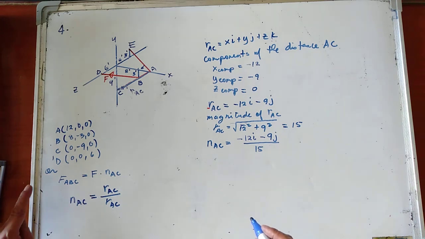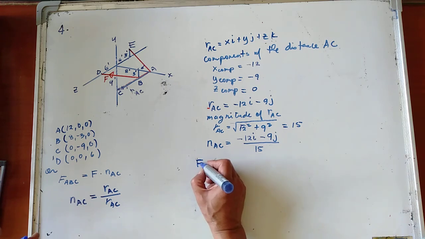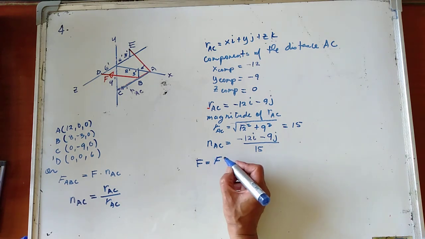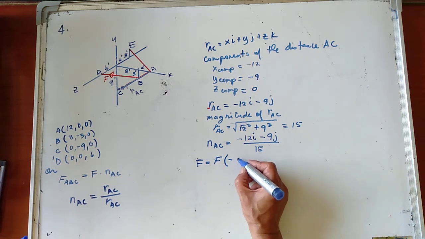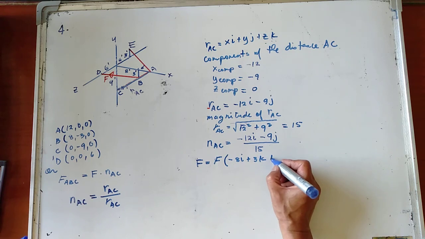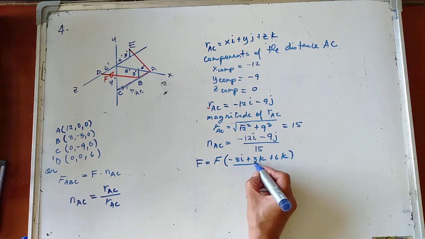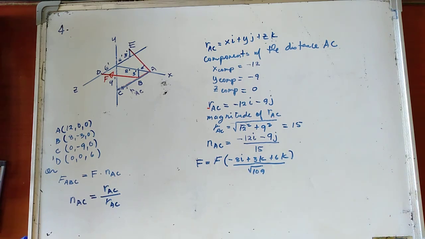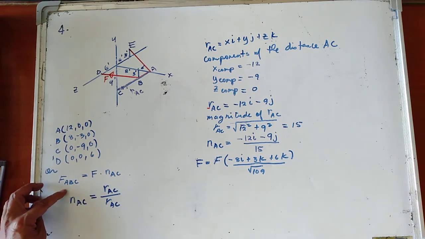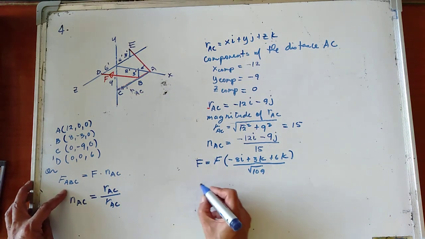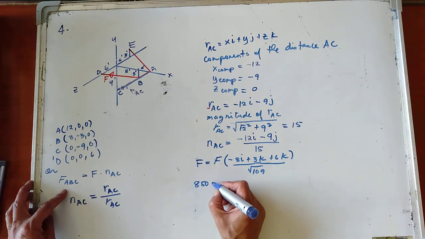Now the vector F is equal to the magnitude of this vector times minus 8i plus 3j plus 6k all over the square root of 109. So from this equation again, the component of the vector F along ABC is equal to 850 pounds.